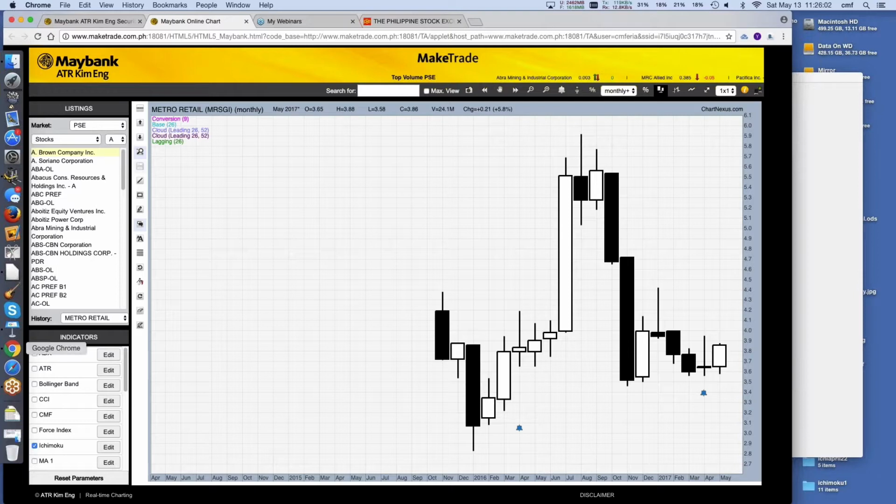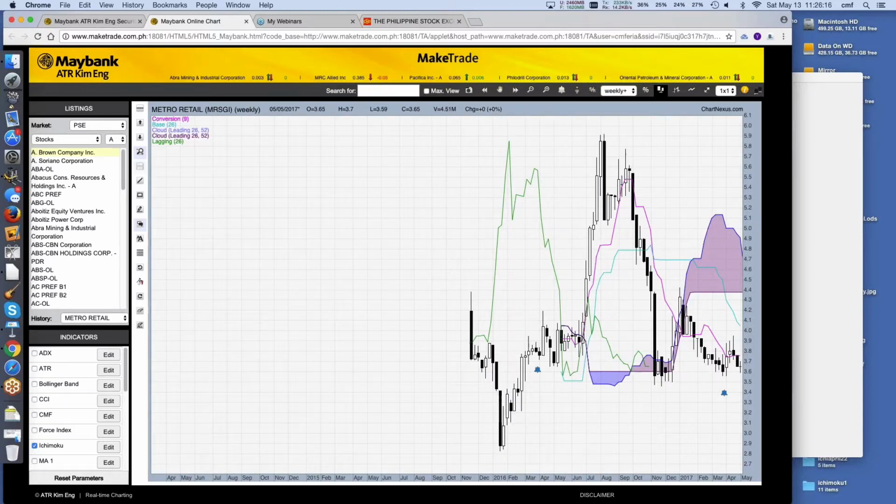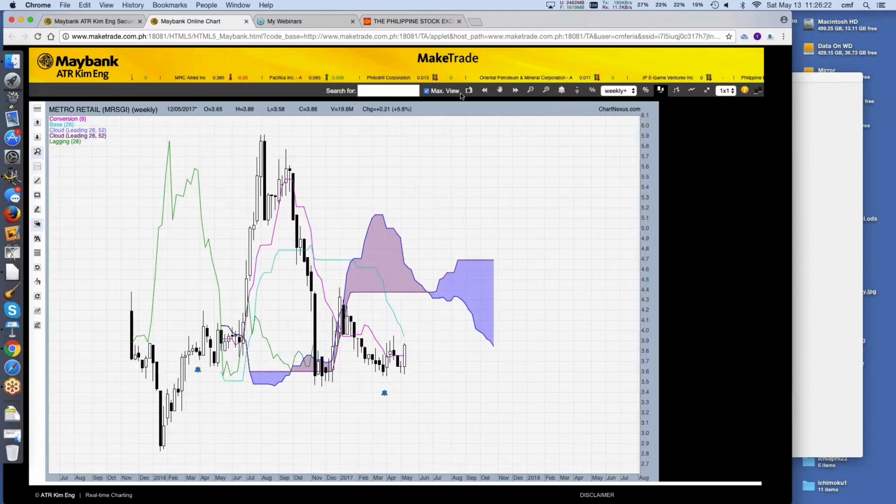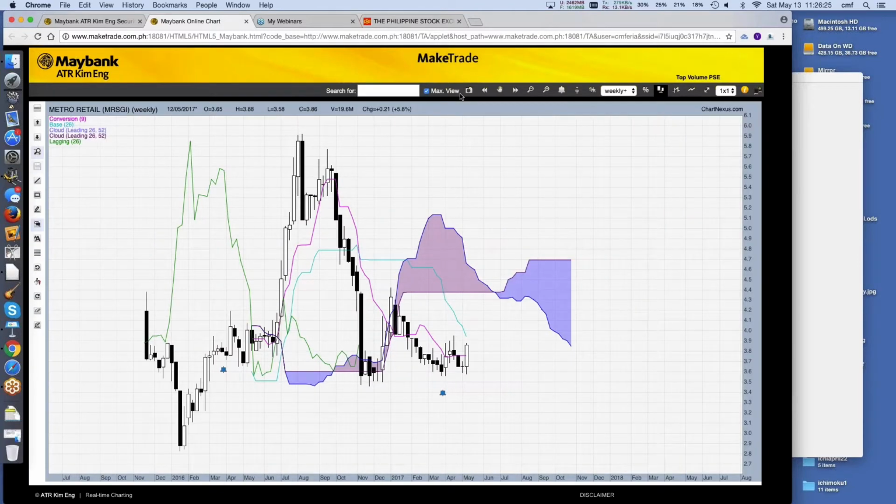So we don't have the 52 periods on the monthly chart to determine the Kumo or the Kijun-sen or the Tenkan-sen lines. We couldn't assess the targets based on the monthly chart. We can go to the weekly chart for this because it's a new security. So what do you find in this? Can you tell the target for MRSGI if it is able to break above the Kijun-sen line?